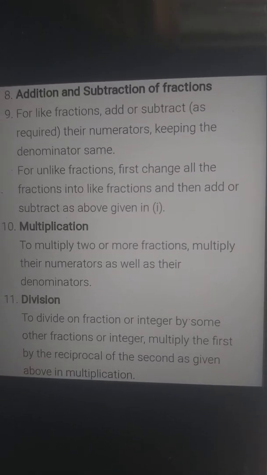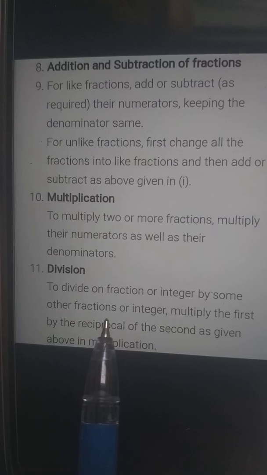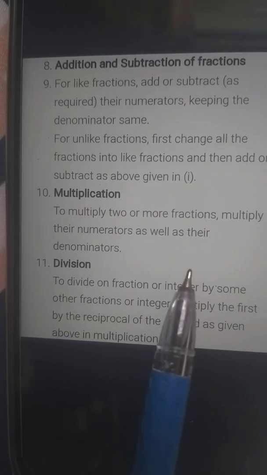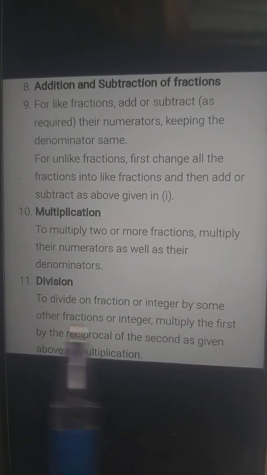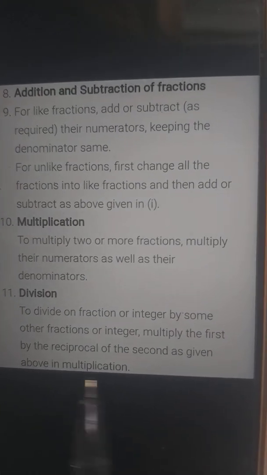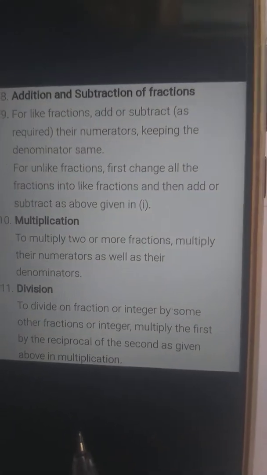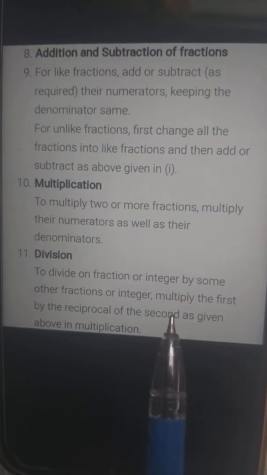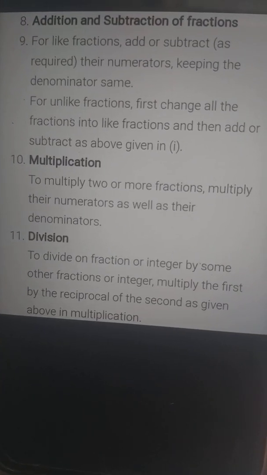So firstly you will multiply. Next, when there is division, the first number you will keep as it is, the second number you will take the reciprocal of, and then multiply numerator to numerator and denominator to denominator. Or you may use the multiplicative inverse over here. Similarly we'll start doing it so that you can understand.